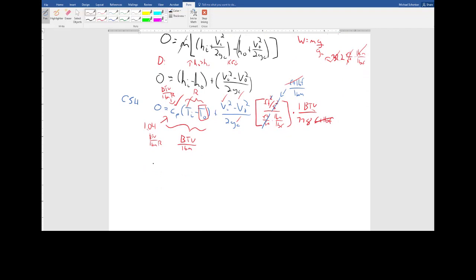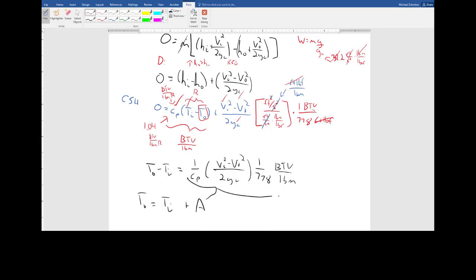T out minus T in is equal to 1 over CP times V in squared minus V out squared over 2 GC times 1 over 778 BTU per pound mass. Or if I'm just looking for T out, it's going to be T in plus A, where this part here is A. Does that make sense?